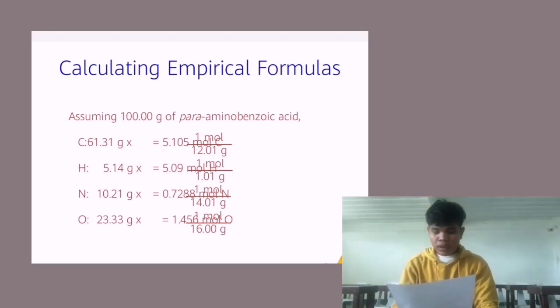Nitrogen 10.21 grams equals 0.7288 moles, 1 mole over 14.01 grams. Oxygen 23.33 grams equals 1.456 moles, 1 mole over 16 grams.